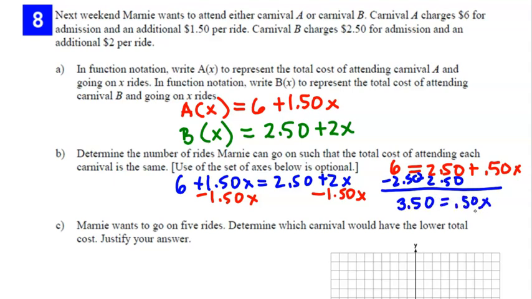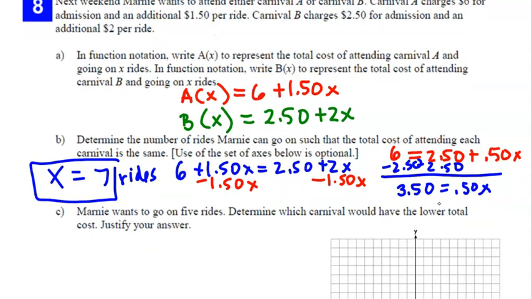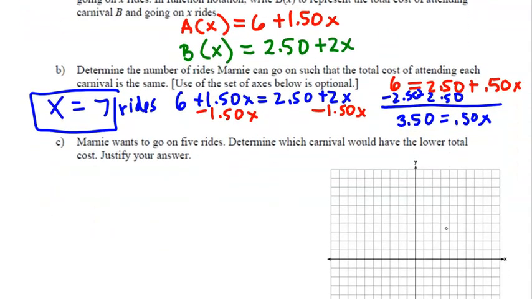Divide both sides by 0.50, and I get 7 rides. So to determine the number of rides, it's 7 rides. I didn't need to use this graph because I chose to solve it algebraically. Otherwise, I could have graphed it by making a scale and seeing where the two lines intersected.